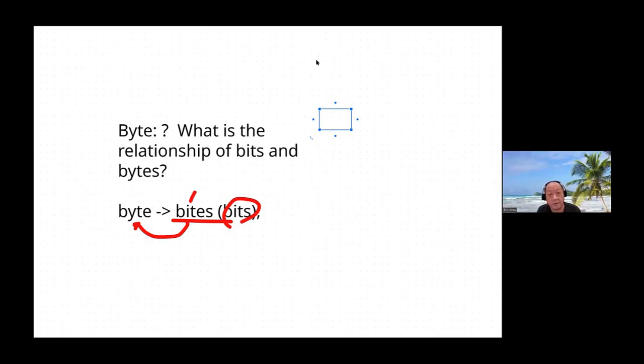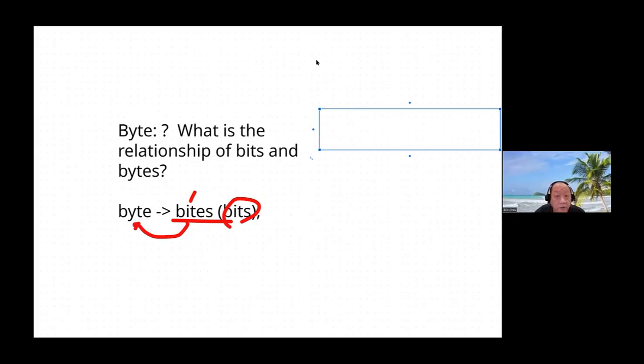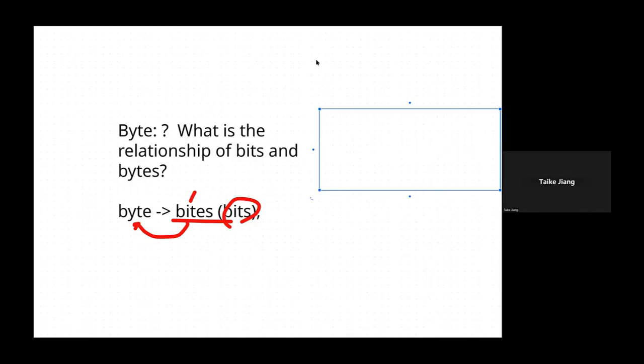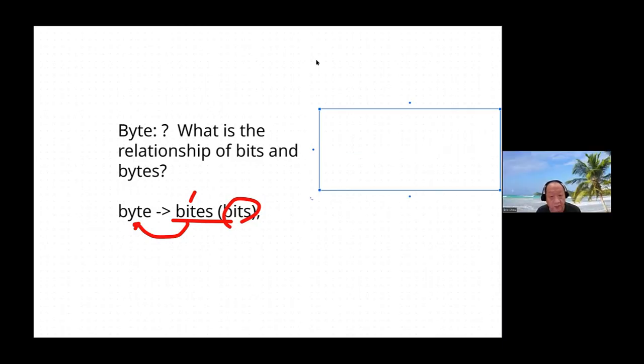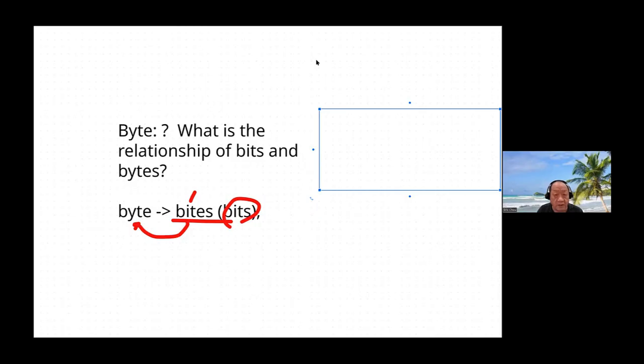Why? Yeah, I don't know. The answer is there's no reason why. This is just a custom, a set thing. People used 5, 6, 7, 8, even 9 different bits for a byte in the early days, but somehow eventually people settled on 8.